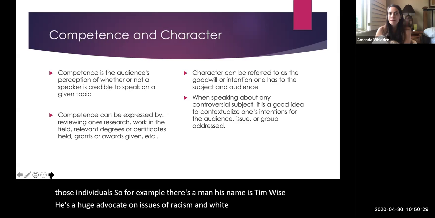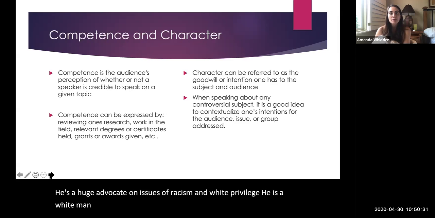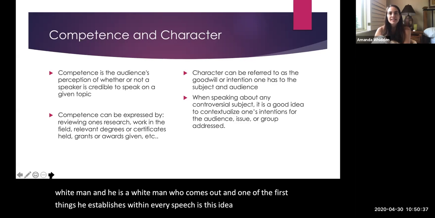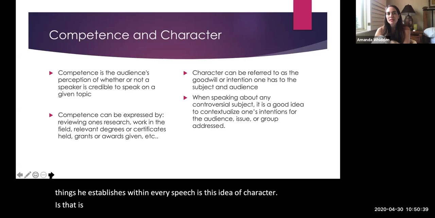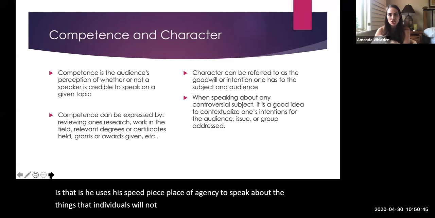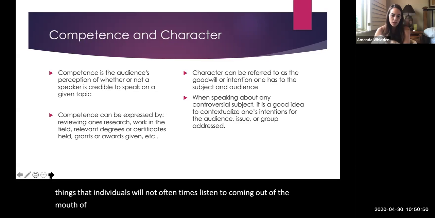He is a white man, and one of the first things he establishes within every speech is this idea of character. He uses his place of agency to speak about the things that individuals will not oftentimes listen to coming out of the mouth of a person of color. And so he starts to establish his character, his intent, and his purpose in speaking about this.